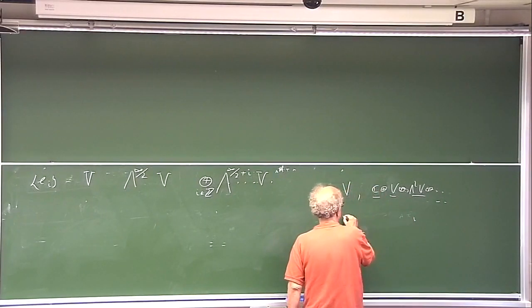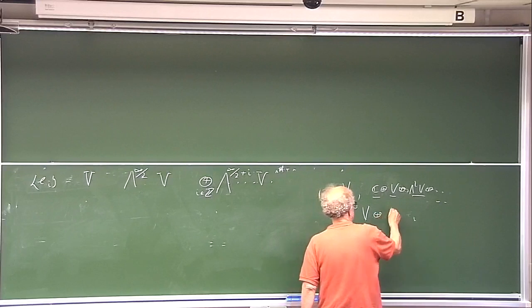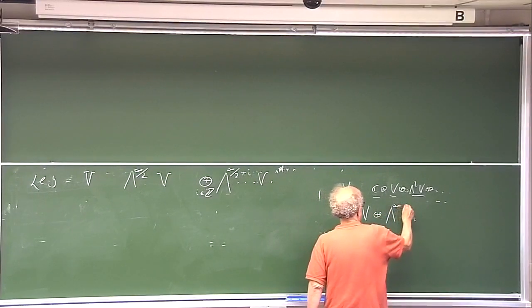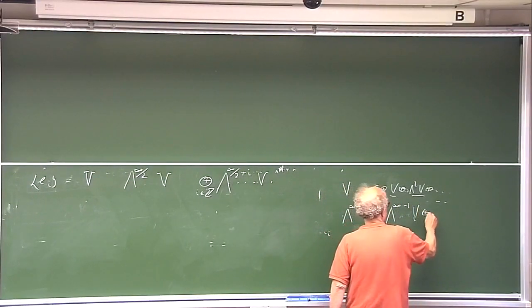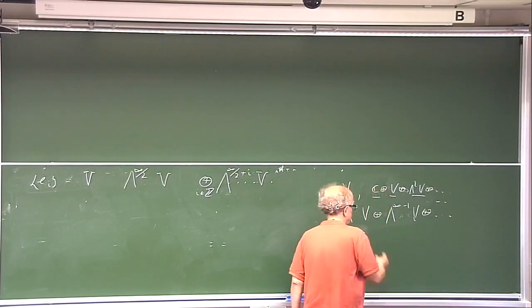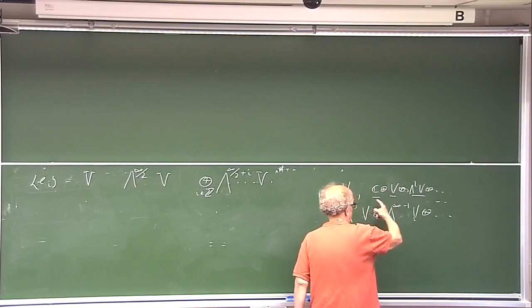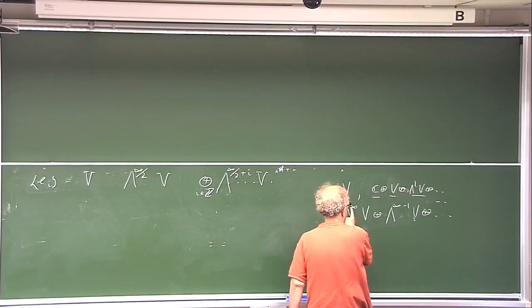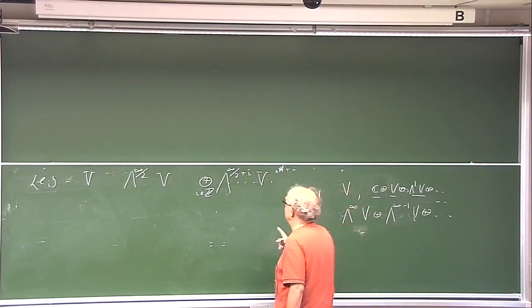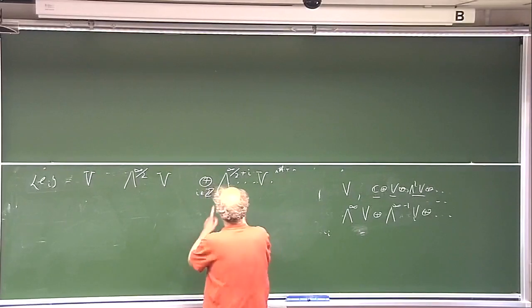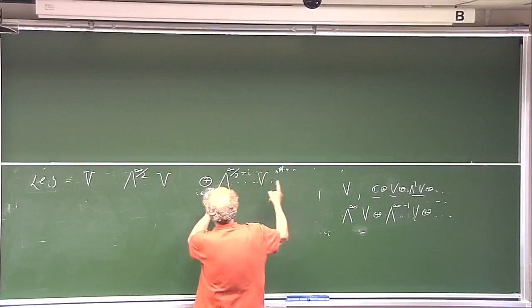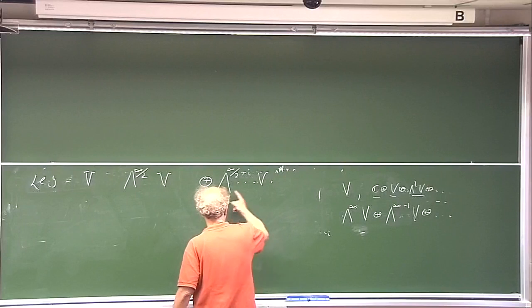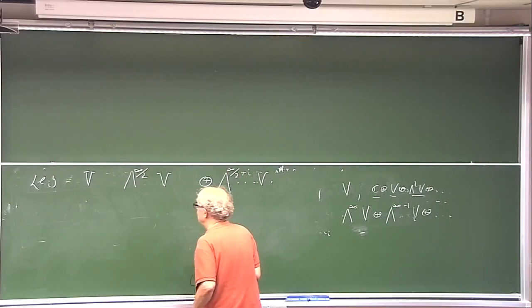And the other construction was this plus minus 1 V plus so on, and it is also a summation. Here I am going from 0 up, here I am going to infinity down, but here I have something in the middle, and I can go up and down, and so our sum is this.